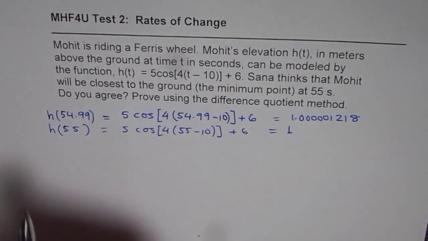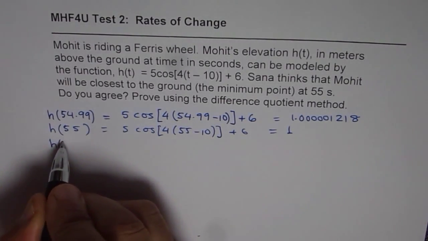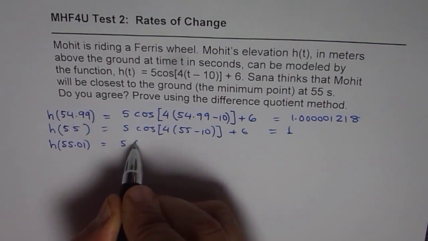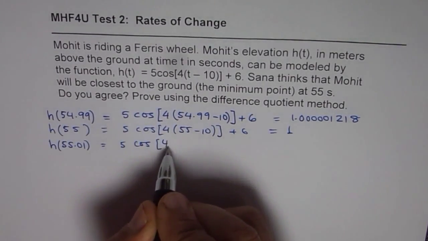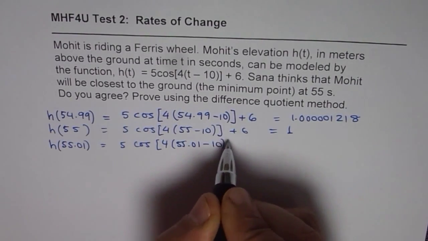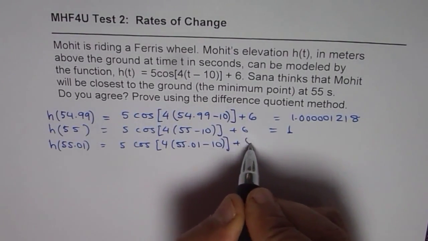And now we will find h of 55.01, which will be 5 times cos of 4 times (55.01 minus 10), plus 6, right?